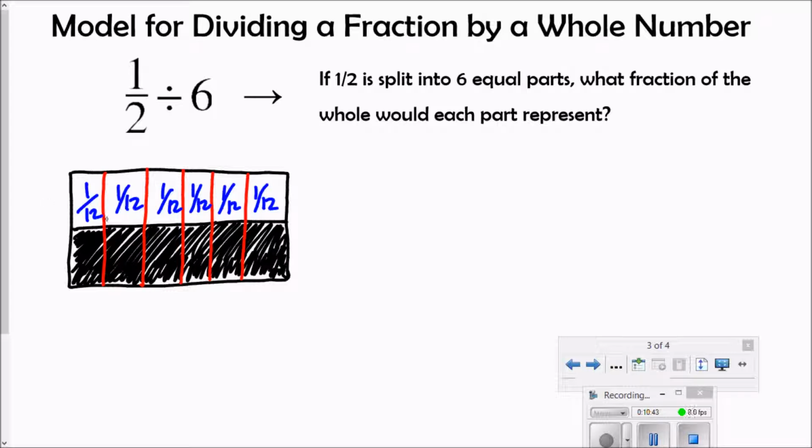So if there's 6/12 in 1/2, that means there are going to be 6/12 in the other half, which gives you 12/12 or 1 whole. But the question is really asking us again, what fraction of the whole would each part represent?